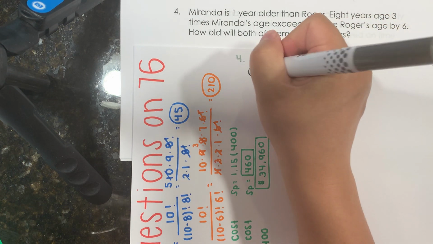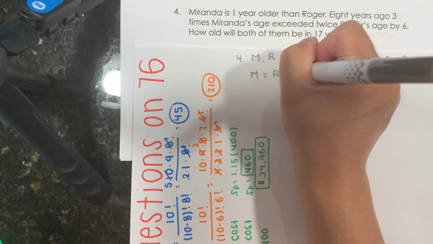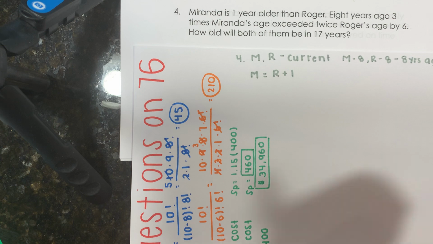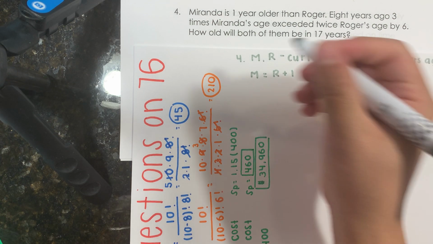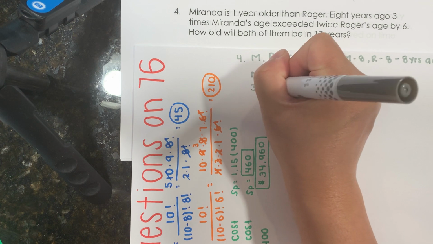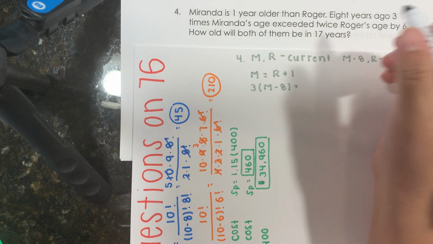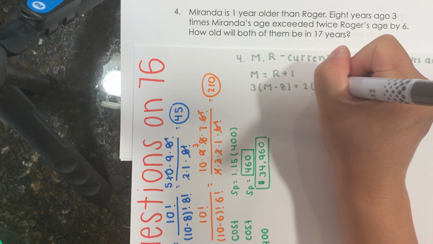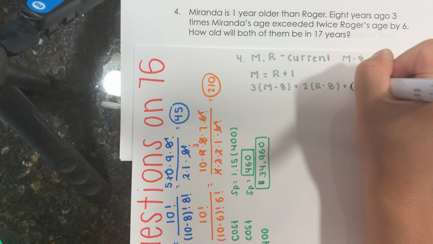So it says Miranda is 1 year older than Roger. Then 8 years ago, 3 times Miranda's age, so this would be 3 times m minus 8, exceeded 2 times r minus 8 by 6.